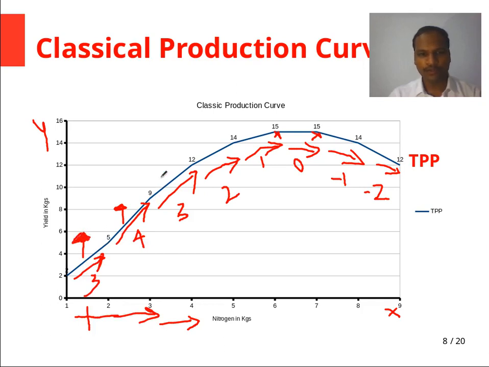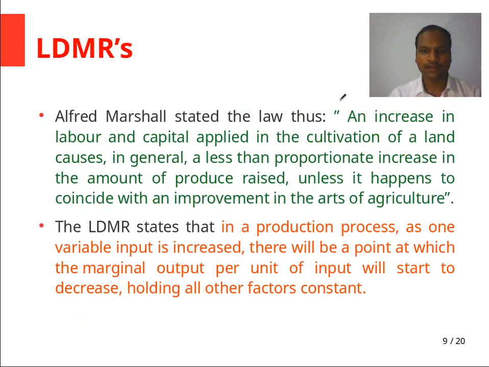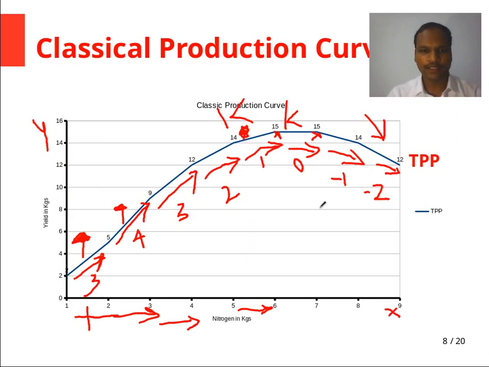When we see here, the input is increased, but we get less proportionate output only. This situation is called decreasing returns, and these 2 returns we are going to see in the last slide.